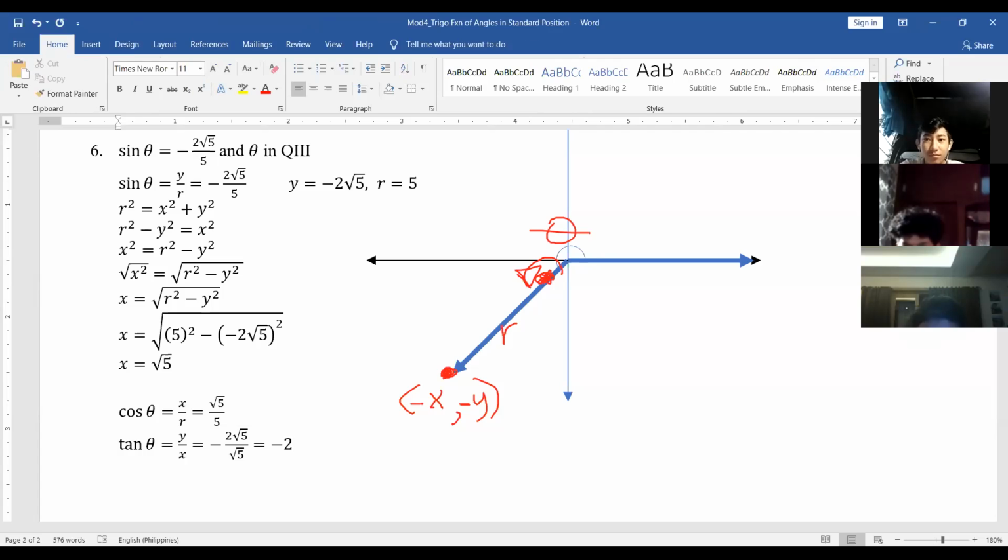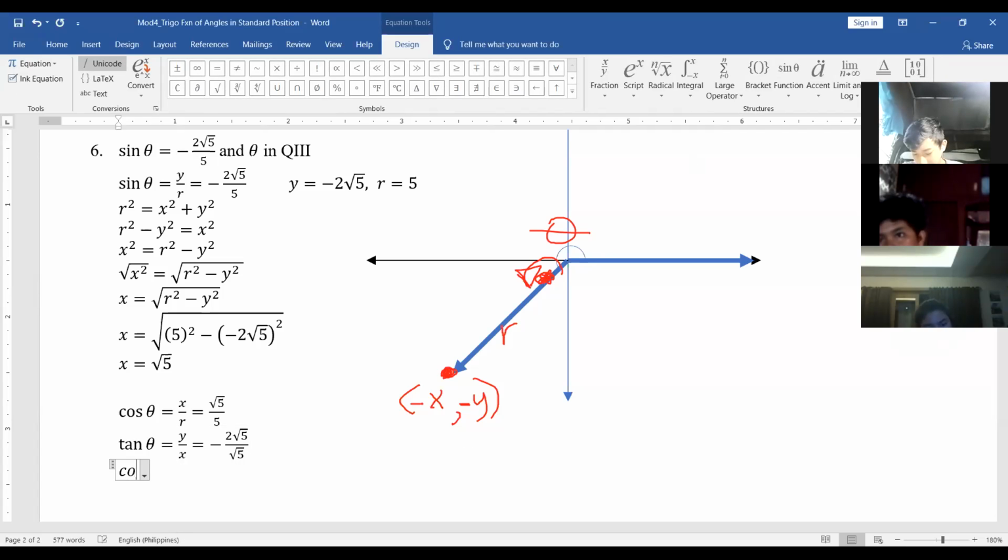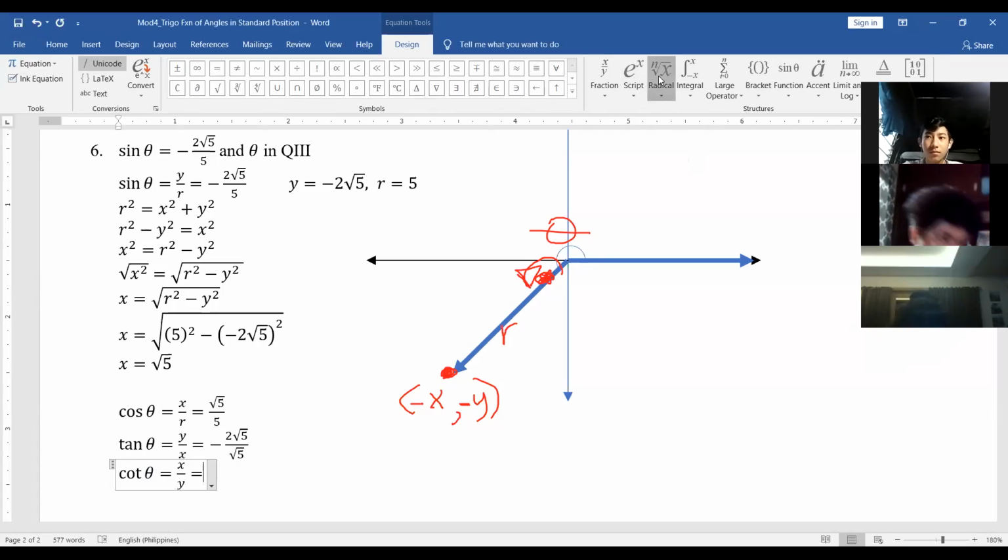For cotangent of theta, cotangent of theta is equal to x over y. Your x is equal to the square root of 5.